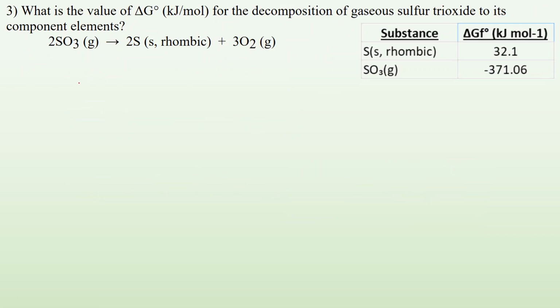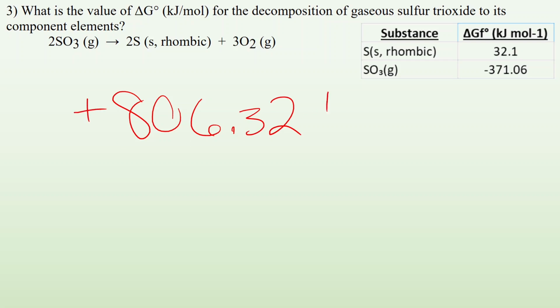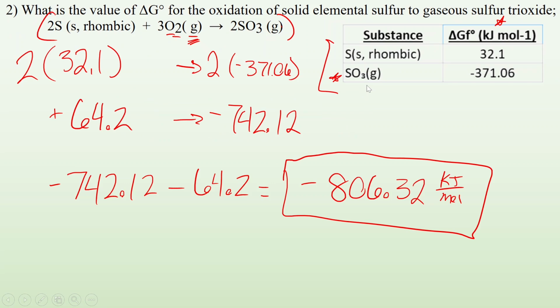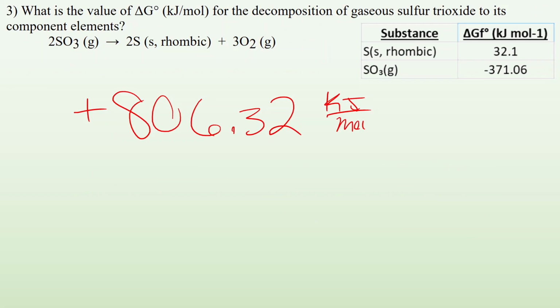Well, guess what? Then you have the same value, 806.32, but the sign is different, positive kilojoules per mole. So if you solved one direction on number 2, going this way, it's negative. The opposite direction is going to be the same number, but flip the sign.